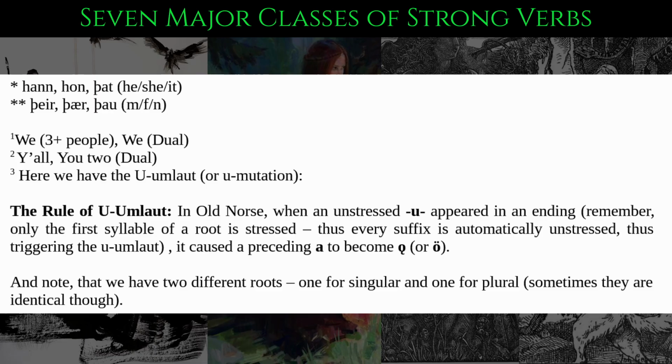A quick reminder, in Old Norse, when an unstressed u appears in an ending, and remember, only the first syllable of a root is stressed, thus every suffix is automatically unstressed, thus triggering the umlaut or u mutation. And thus the preceding a, which we would have in the plural stem here, becomes an o.